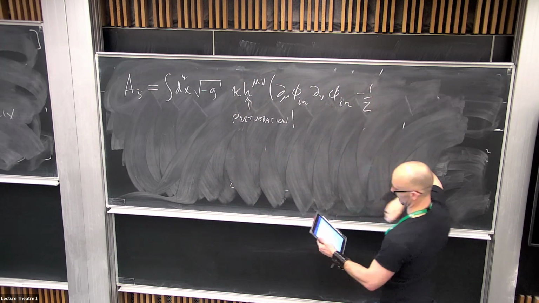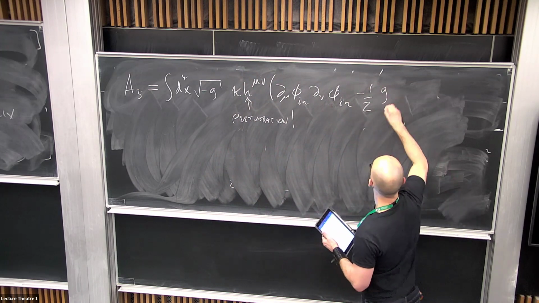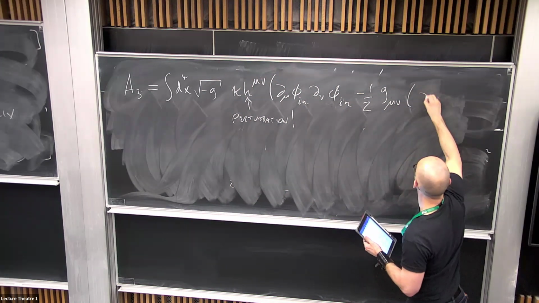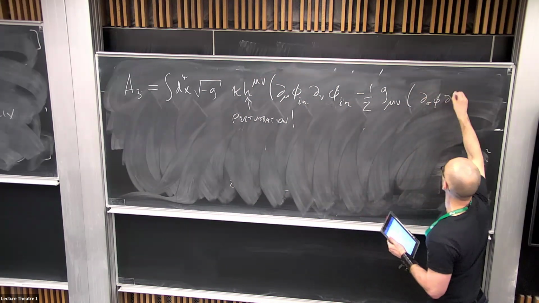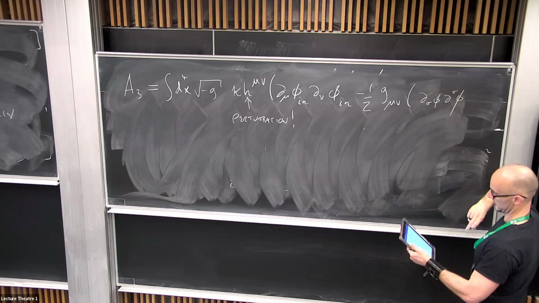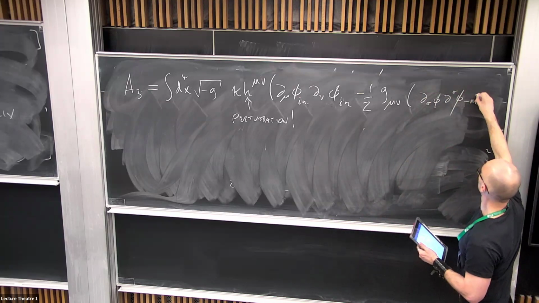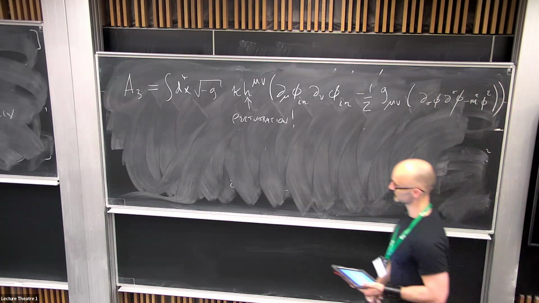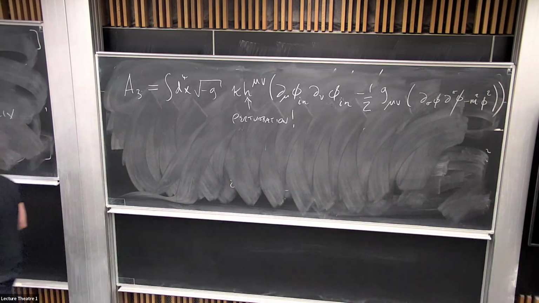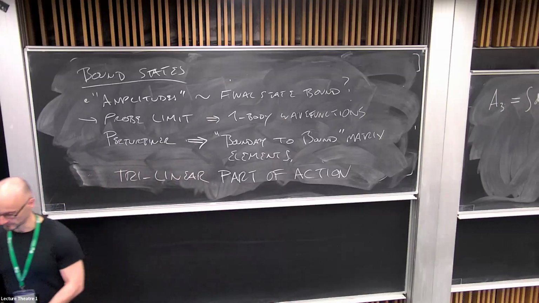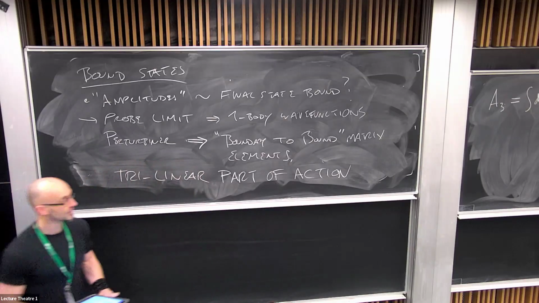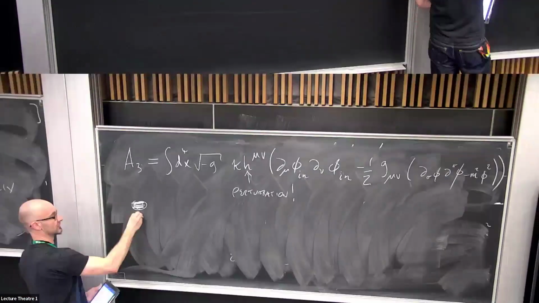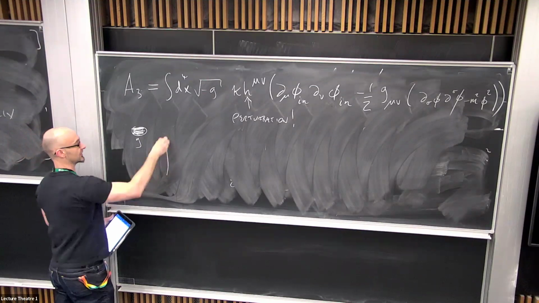Again, let me write this out and I'll explain what's going on. Right, so we've got some background metric g, Schwarzschild, linear Schwarzschild, whatever you want. There it is. Sending in something.